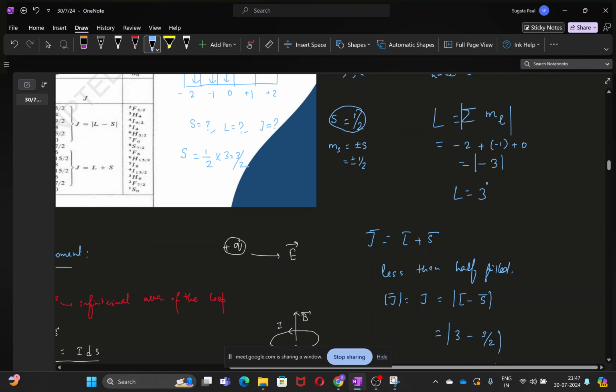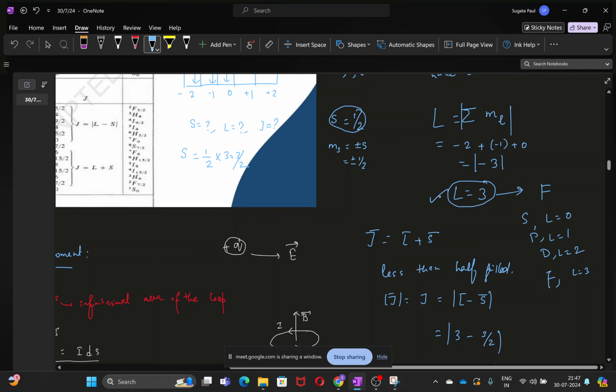Because you know that the capital L value is coming as 3, so we completely ignored that. You have to take the capital L value for your convention of the ground state. Because by the summation of ml, your capital L value is coming as 3, and you know that capital L comes as 3 only for F orbital, because for S capital L is 0, P capital L is 1, D capital L is 2, and for F capital L is 3.